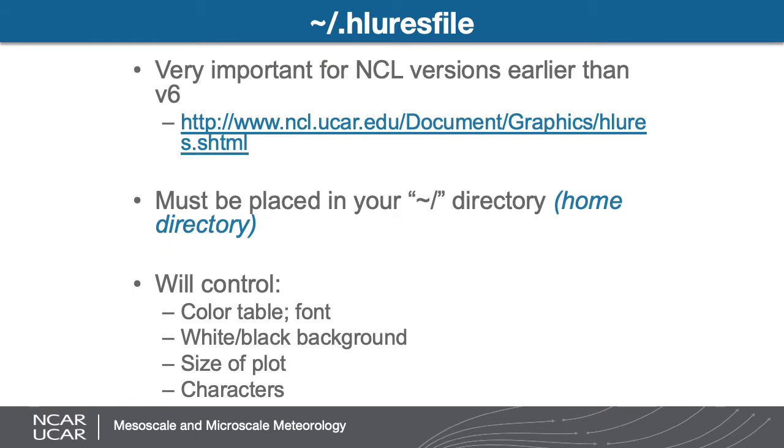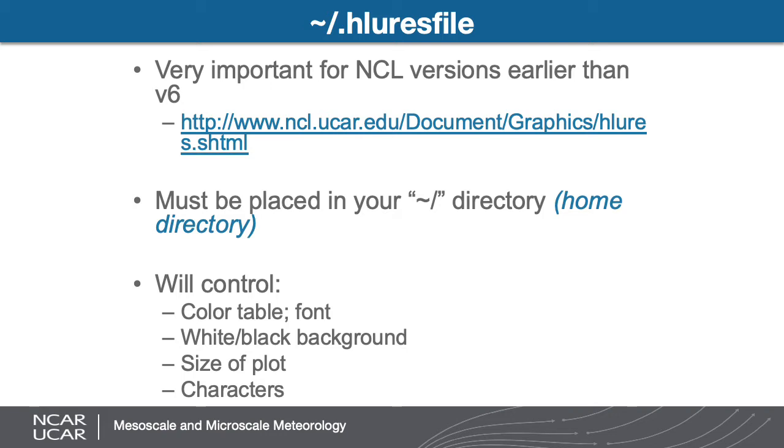If you only have an NCL version earlier than version 6, or say you're a grad student using a very old computer in the lab, these are some important documents that you might need to look at. This file is very important. We call it the HLU res file.